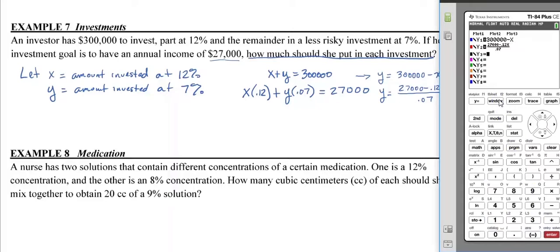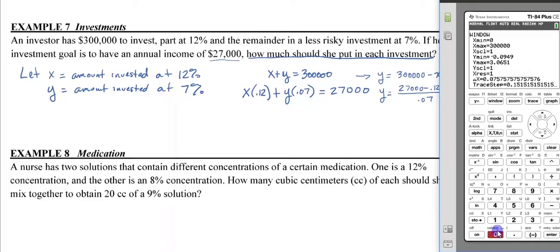Okay, and let's set our window from 0 to, well, how should we max that out? The most we could invest at 12% would be the full 300,000, right? So we can go ahead and set this at 300,000.